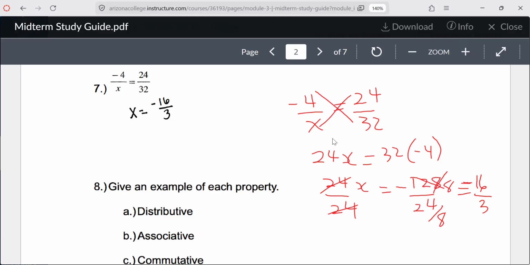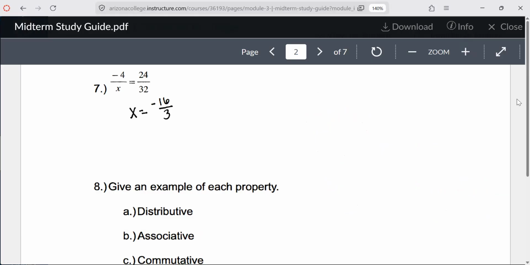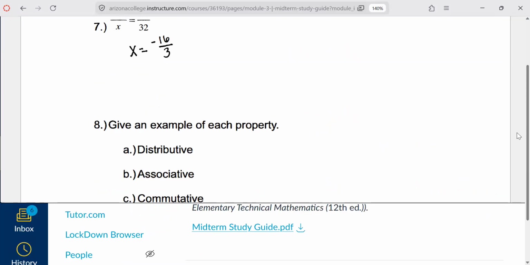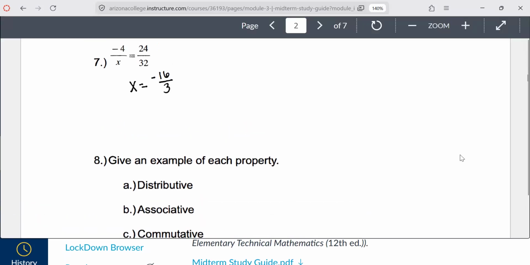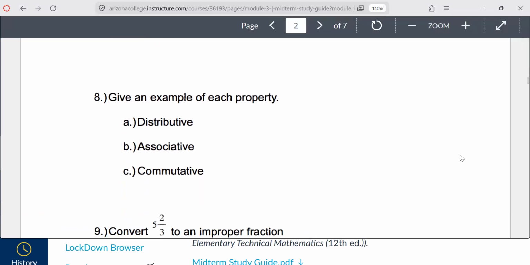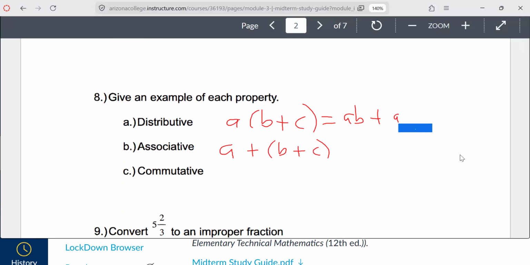Now number 8 is not a calculation problem, so I'm going to leave that for you, or I could quickly touch on these 3 examples so you know. With distributive property, you have AB plus AC.